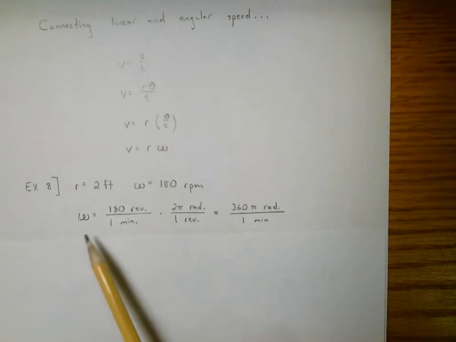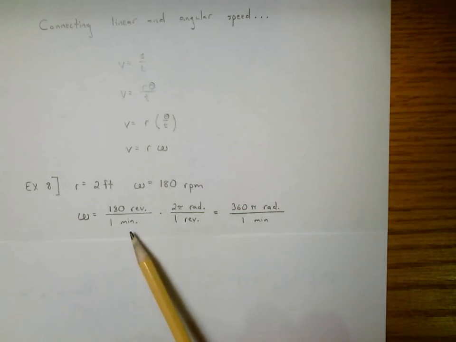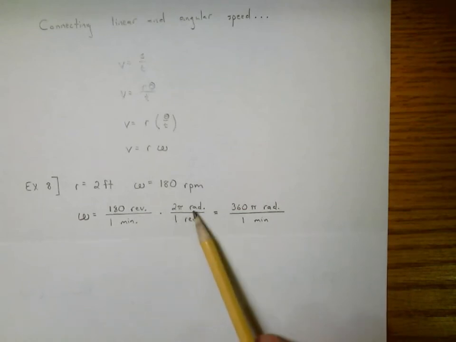Now a revolution is an angle, a minute is a time, so we do have angle divided by time, but what unit do we really want to use for angles? I hope you said radians. So we're going to convert this. This is my omega, 180 revolutions in 1 minute. I'm going to do a unit conversion.